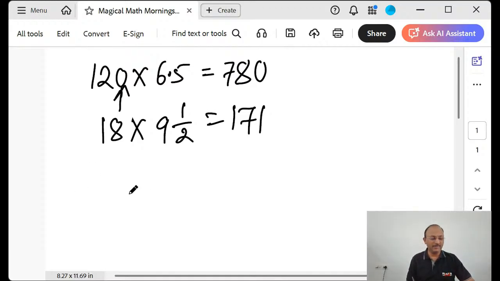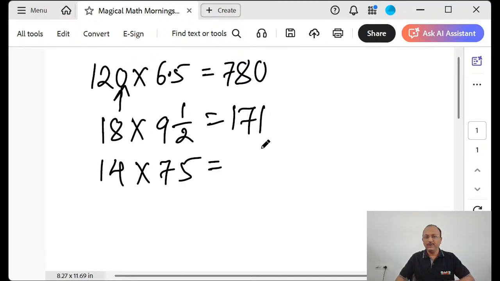Let's do a little bigger number. Let's take 14 into 75. We'll use the same trick for half and 0.5 directly to take a multiplication with 75. 14 into 75.